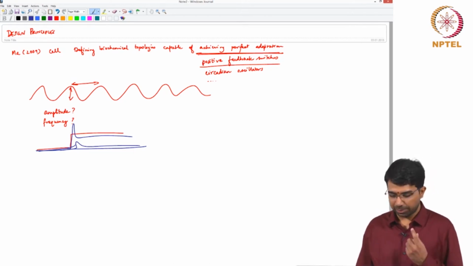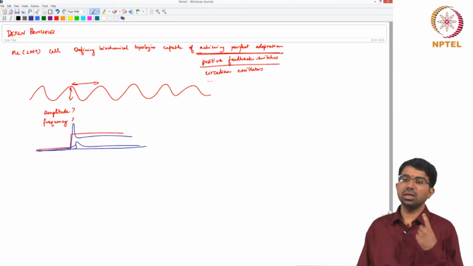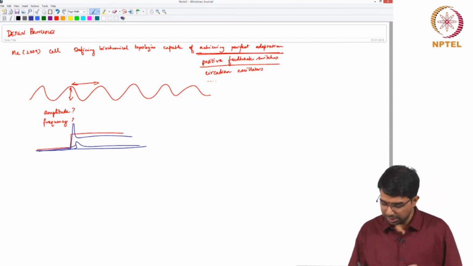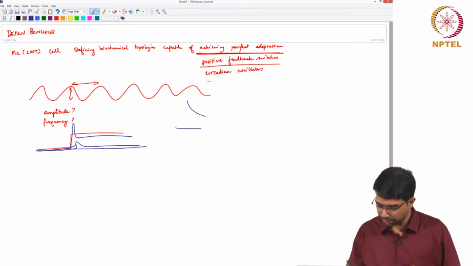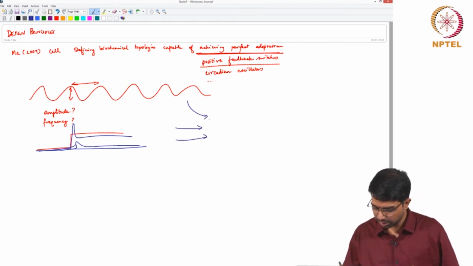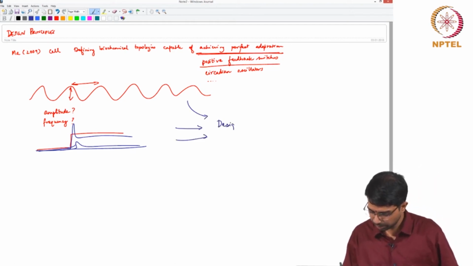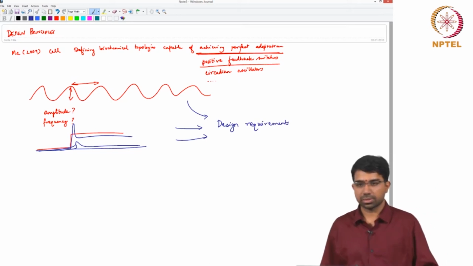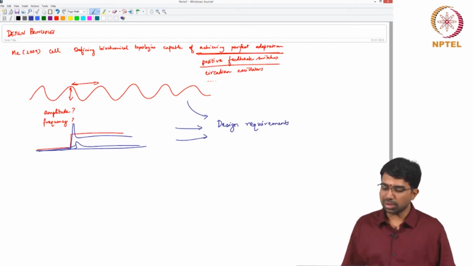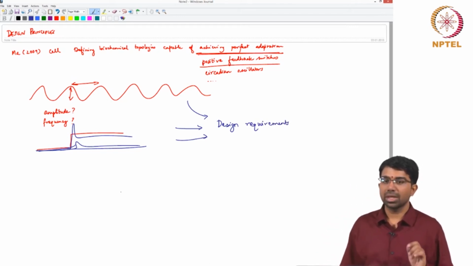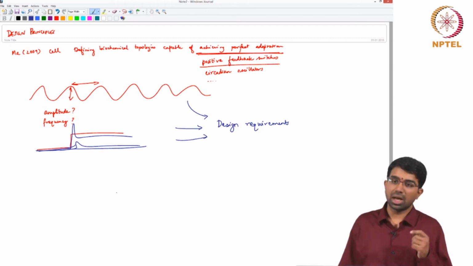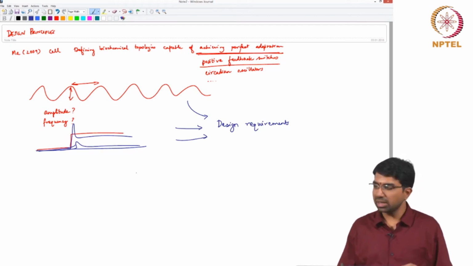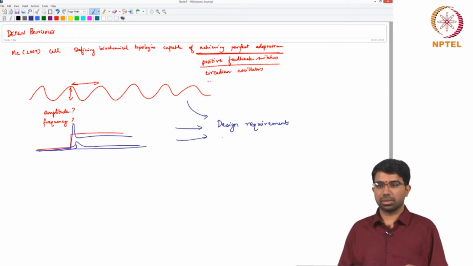So, there is a very specific design requirement. Essentially let us just say all of these translate to some design requirements. Now you are confronted with the task of finding a topology or a set of topologies which can comply with this design requirement.